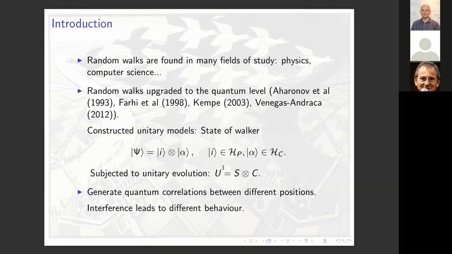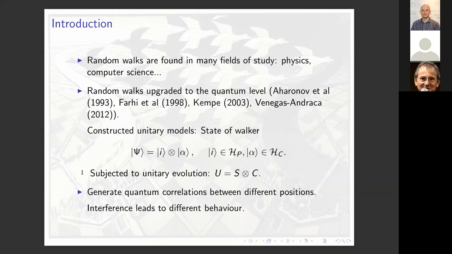Then this S operator, sometimes referred to as the shift operator, acts on the state |i> and is responsible for shifting or changing the position of the walker, either moving it left or right. It is in charge of the actual movement on the graph.